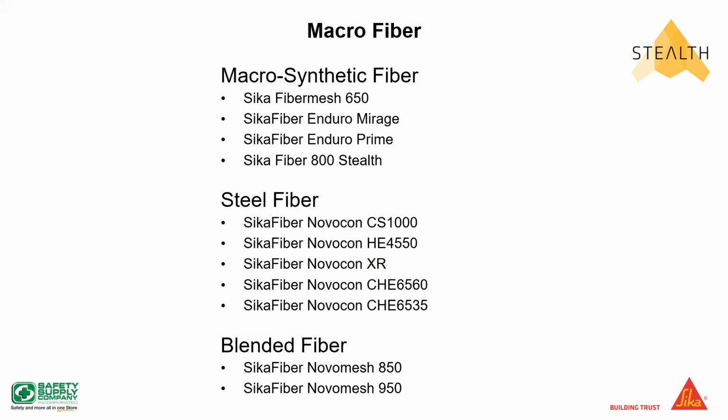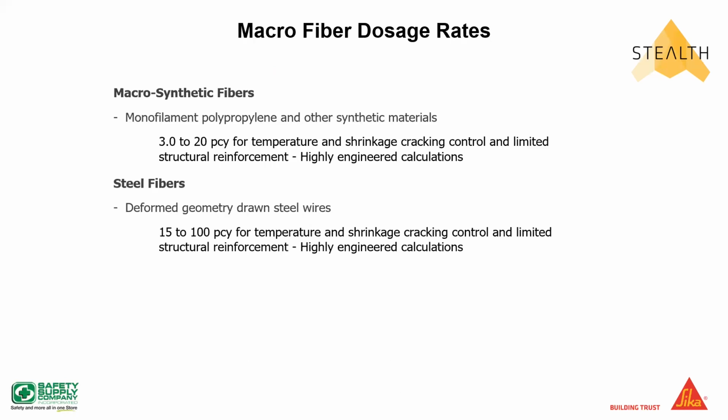And then we have the two blended products. The 850 is the steel fiber with the micro synthetic, and the 950 is the macro synthetic with the micro synthetic. Certain areas of the United States use these products quite a bit. Not a big user here in my territory in the Southeast, but I do use a lot of Stealth, quite a bit of the 650. So anyway, just wanted to share those with you.